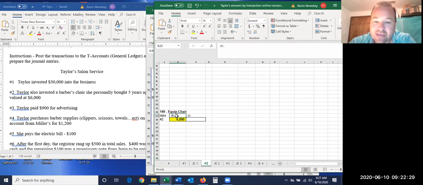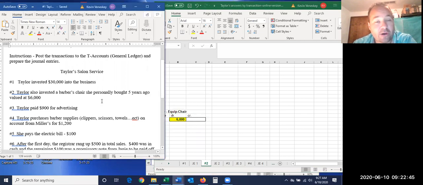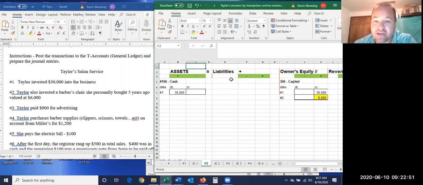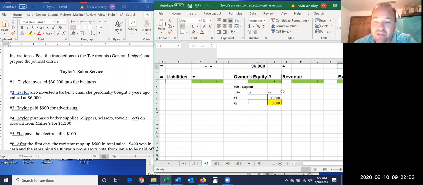And then I've got to think, is the chair worth a positive 6,000? Remember, plus is a debit. And yeah, that makes sense. We don't want a negative value chair. So that's what I got. And then I asked myself the credit question, how did I get it? Well, I got it from the owner. So just like getting cash, the same thing happened.